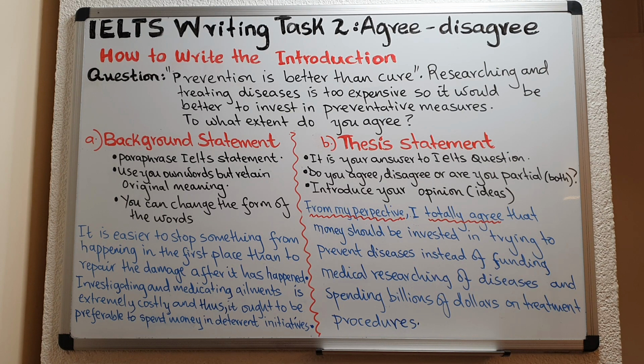And then explain what you disagree with or what you agree with, which is basically the opinion that is in the statement that IELTS has provided you with. Researching and treating diseases is too expensive, so it would be better to invest in preventative measures. That is the IELTS argument. So do you agree with that argument or do you not agree with it? That is what the thesis statement is about. So in your thesis statement, make it very clear what your opinion is and then introduce your opinion.